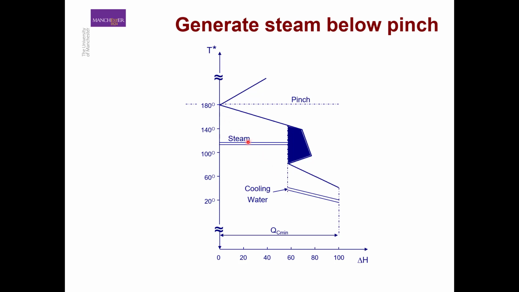So instead of wasting all this heat to the cooling water as a utility, we use some part of this process heat to generate steam that can be used in another part of the process. And then the remaining heat we dispose to the cooling water. And the sum of the heat duty of generating the steam and the heat that is given to the water, the sum of these two gives us the minimum QC min of the process.